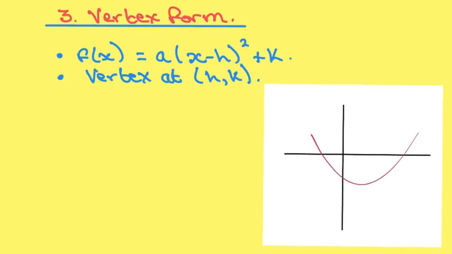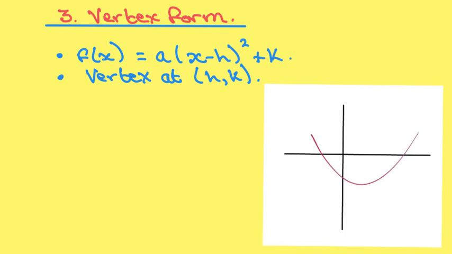The third form a quadratic may be written in is the vertex form, and just as the name suggests, it is the easiest way to find the vertex. This is also sometimes called the completing the square form. So if you are given the quadratic f of x equals a, brackets x minus h, all squared, plus k, you immediately know that the vertex is at the point h, k.